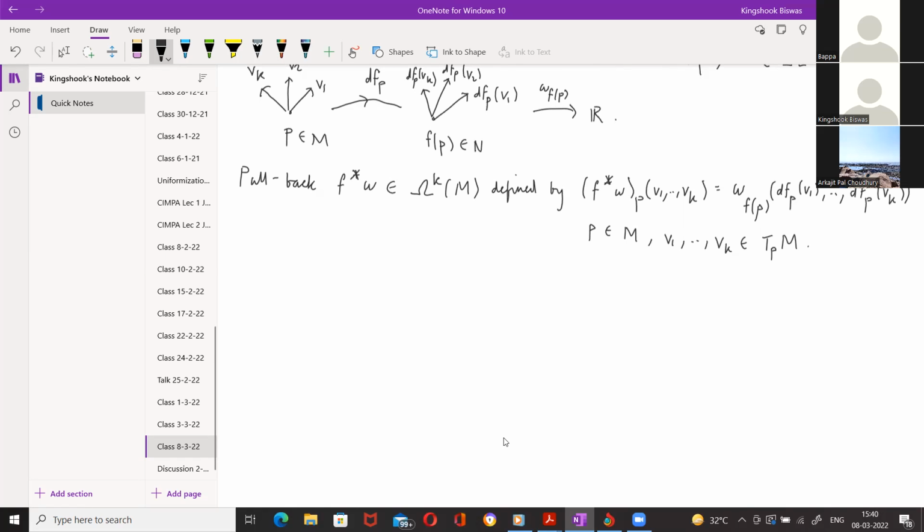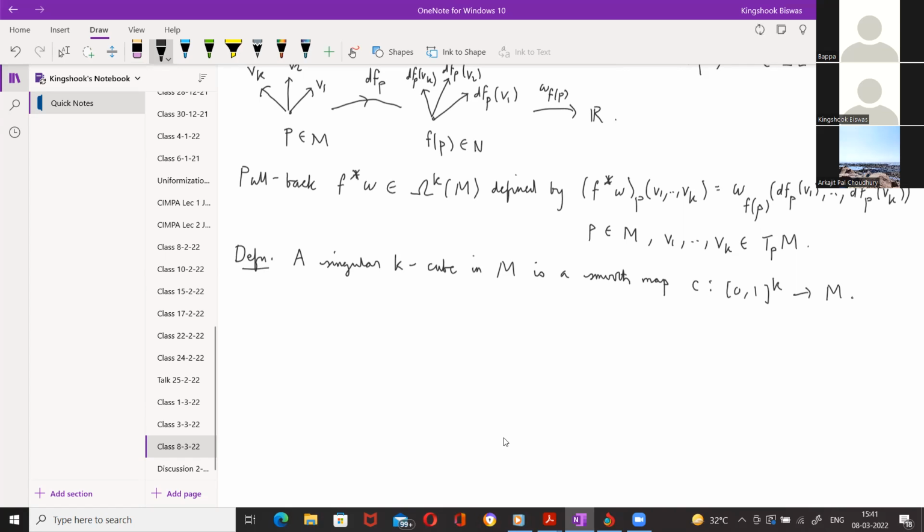So definition: a singular K cube is a smooth map c from the unit cube in Rk, 0,1 to the K, mapping to M.